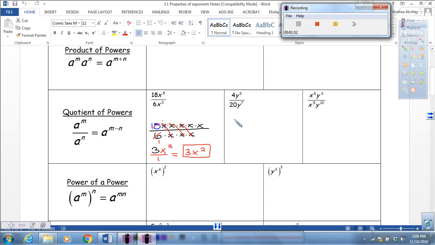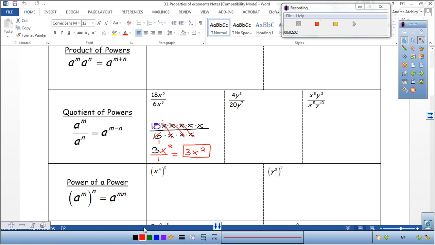Okay, the next one we're going to do the same thing. We're going to write it out. So we're going to have 4 times y times y times y divided by 20 times y times y times y times y times y times y. 1, 2, 3, 4, 5, 6.